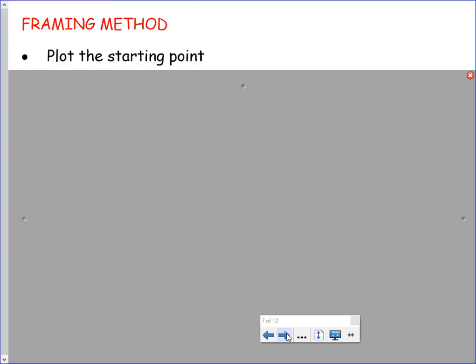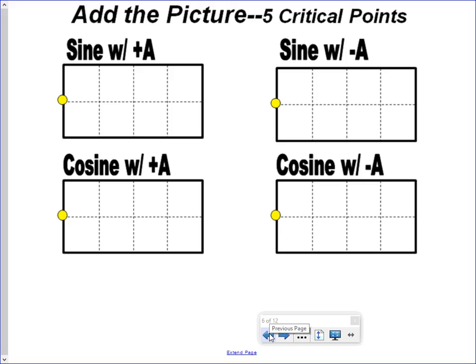So, in the framing method, and this is on your blue sheet, it gives you some steps. If you just look at the very top, it's got the general form there, y equals a times sine of bx minus c, and then plus d. And then below it, it's got a list of steps: identify A, B, C, and D, find the amplitude, find the period, identify any translations, and your starting point.